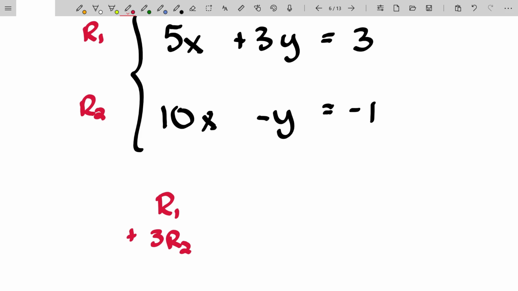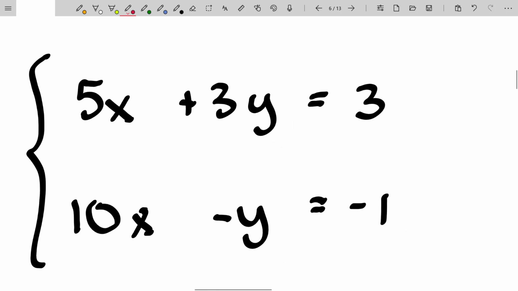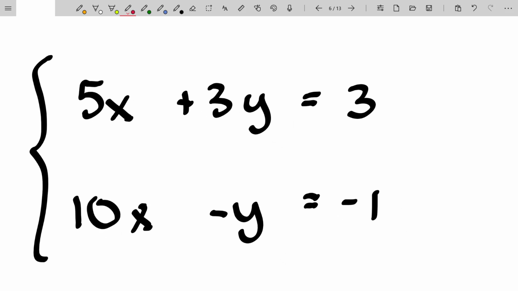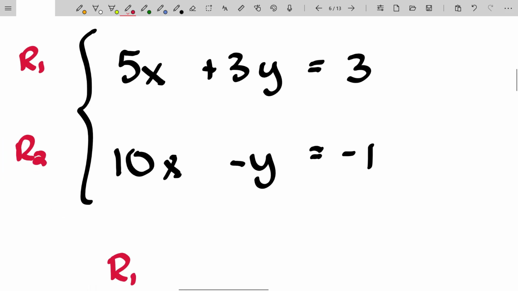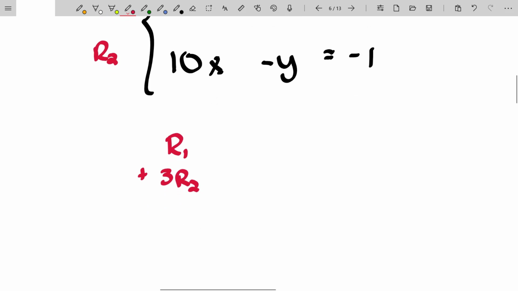And the main reason why is the coefficient of y in row 1 is a positive 3. The coefficient in row 2 of y is a negative 1, so all I need to do is multiply it by 3, and those coefficients will be opposite. Adding that up, let me go ahead and just draw a line here.